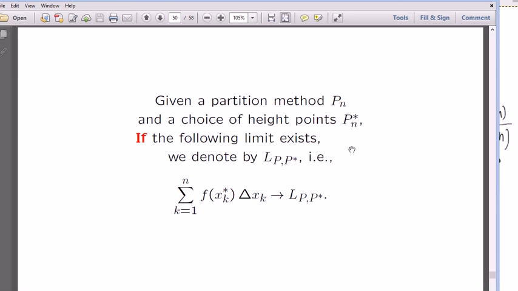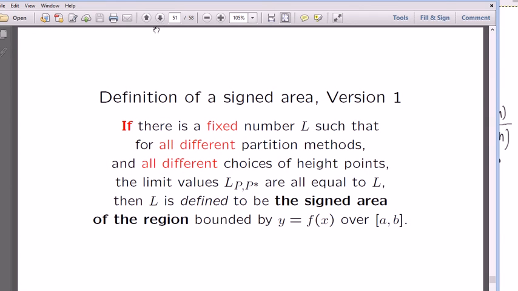So does the setup make sense? Next is the true definition of the definite integral. If there is a number L such that over all the different partition methods I showed you, and infinitely many more, and all the different choices of height points, and there are infinitely many more there, this limit value for each method, L subscript P, P star, for each partition method and choice of height points, they are all equal to each other.